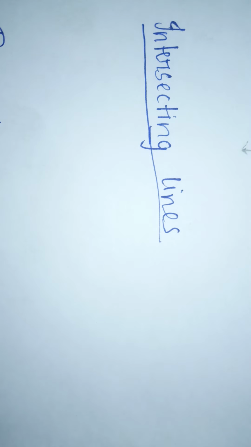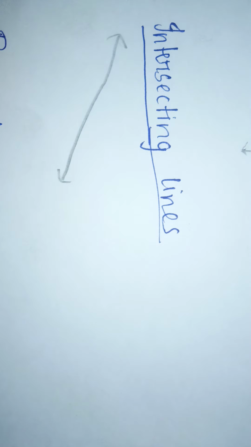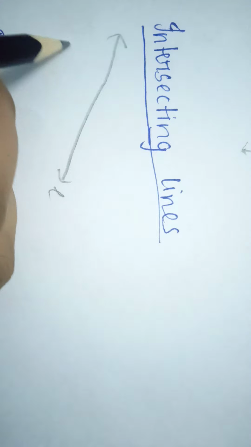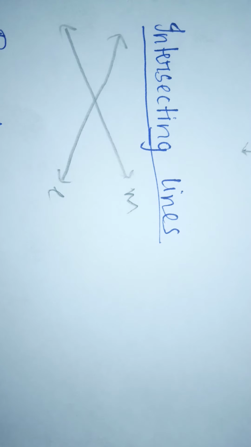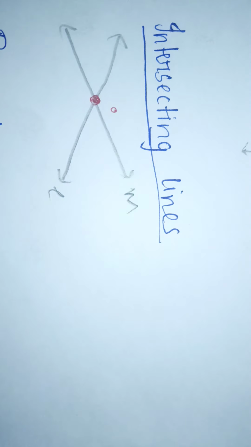Intersecting lines: if there are two lines, see here, this is a line L, and the other line I have is M. Now I will say line L is intersecting with the line M at the point O. The place where they join is known as the intersection point.